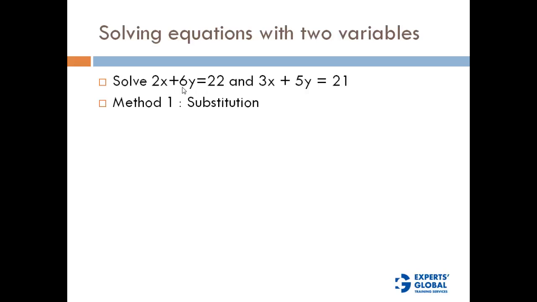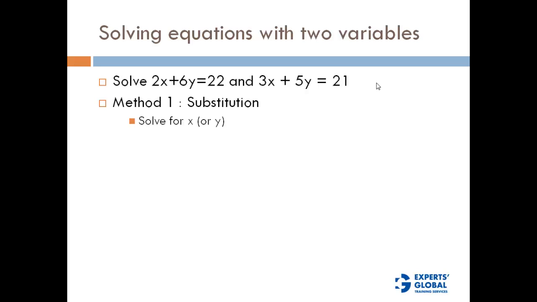We'll say x is equal to (22 minus 6y) divided by 2, or we'll say y is equal to (22 minus 2x) divided by 6, and then we'll substitute the new value of that variable into the other equation. So then what we'll get is one equation with one variable. So let's look at how exactly to do that.